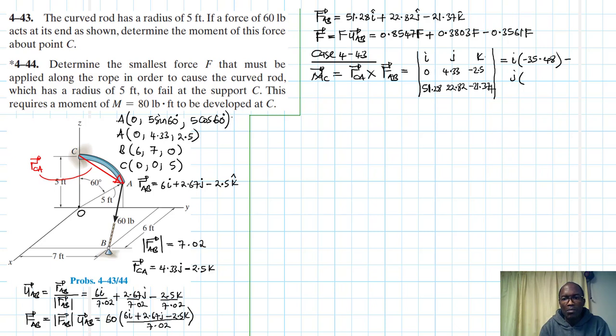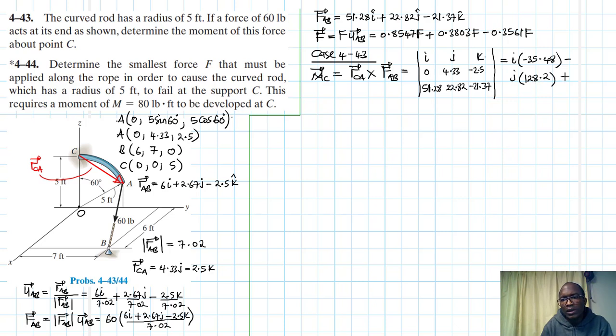Then j is going to be just a plus, which is 2.5 by 51.28. So this we get 128.2, right? Okay, j is 0, then minus this, which is a plus 128.